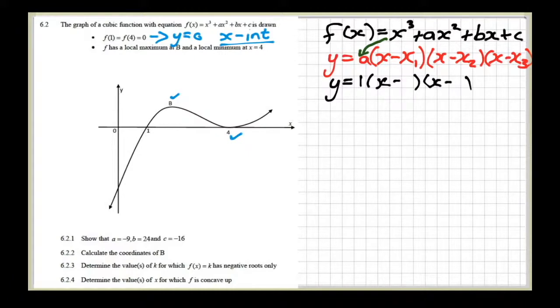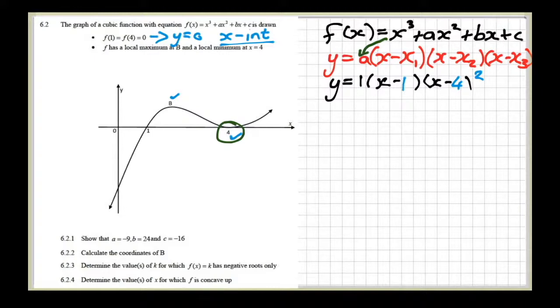But now I'm going to do a nice little trick. This point here, where x is equal to 4, is not just an x-intercept, but it's also a turning point. So in other words, it's two things, so I'm going to write that in my formula twice. And I'm simply going to put in the 1, which is the other x-intercept. I'm just going to substitute it.